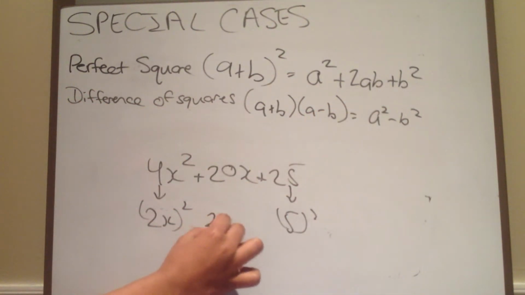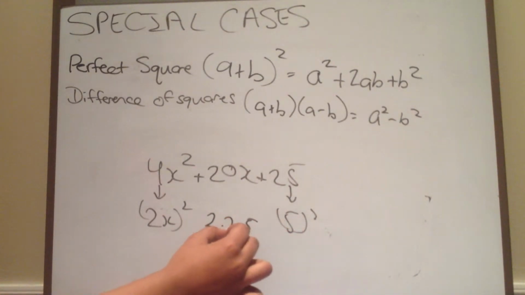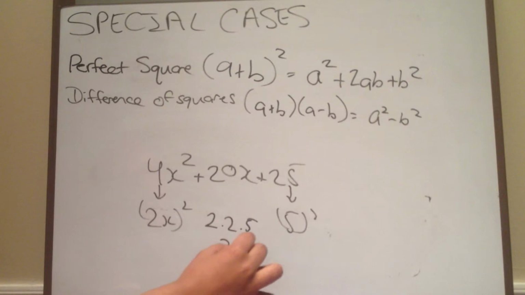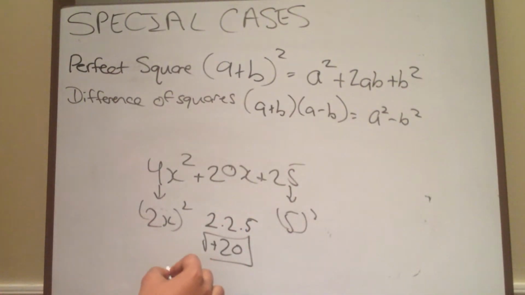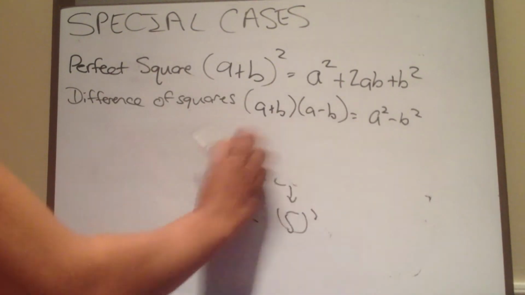So 2 times a, which is 2, times b, which is 5. 2 times 2 is 4, 4 times 5 equals 20. So you should be good. So (2x plus 5) squared, and that is your answer if you want the perfect square. And you can always check by just expanding.